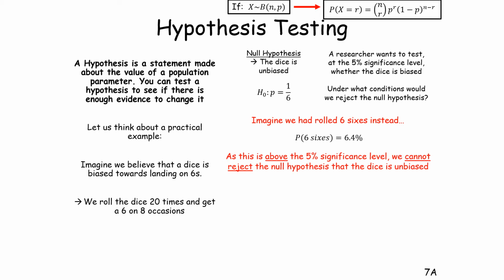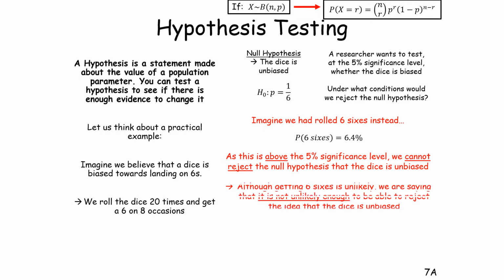So therefore, we cannot reject the null hypothesis. So our conclusion would be, we cannot reject the null hypothesis that the dice is unbiased. Although getting 6 sixes is unlikely, it is not unlikely enough to reject the idea that the dice is unbiased.